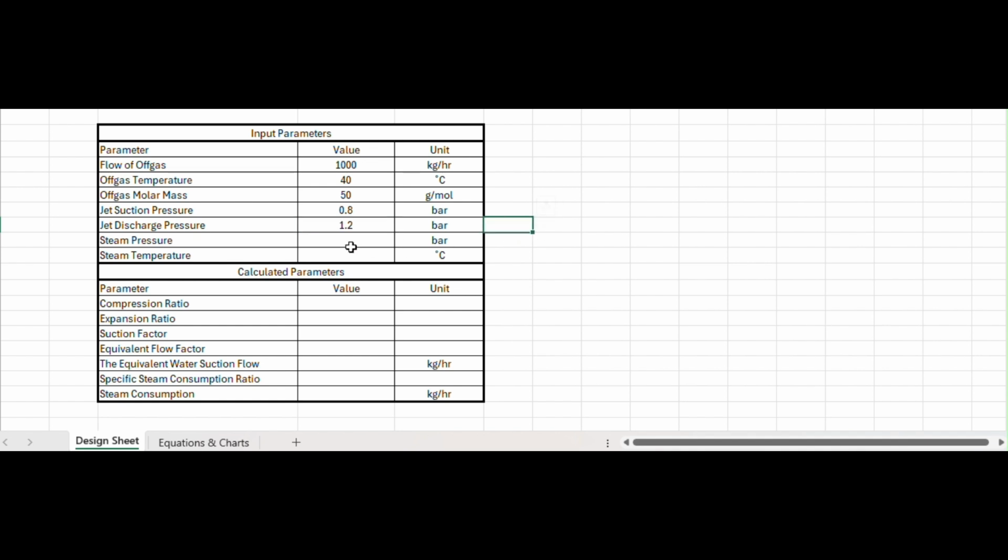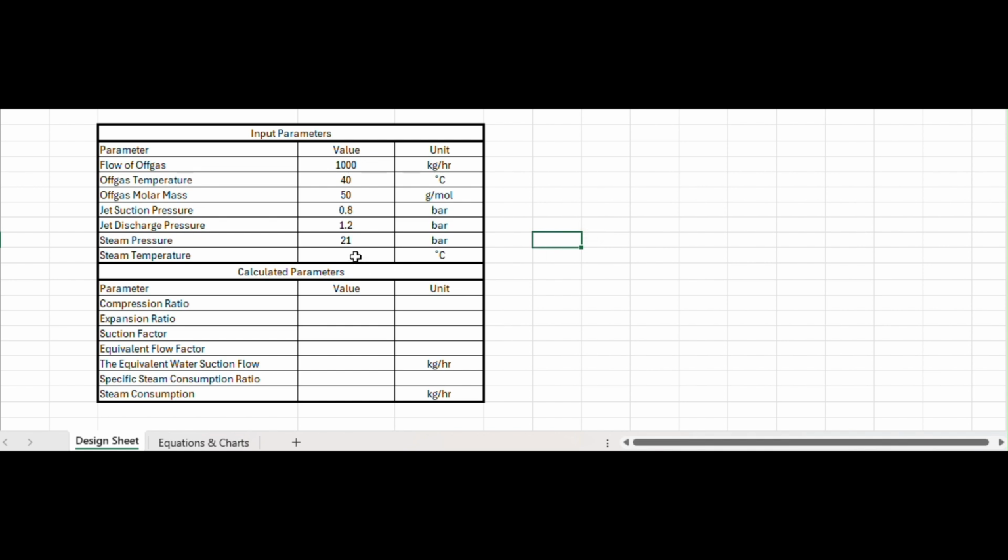Now, what steam do you have for your steam jet? Say I have 21 bar, which is a high pressure, which is good. The higher the pressure, the less steam consumption you're going to need, and the deeper the vacuum you could have. So let's say my steam supply in the plant is 21 bar.